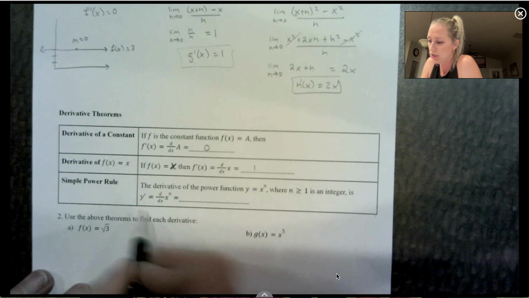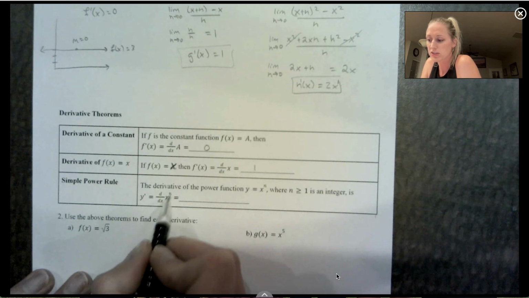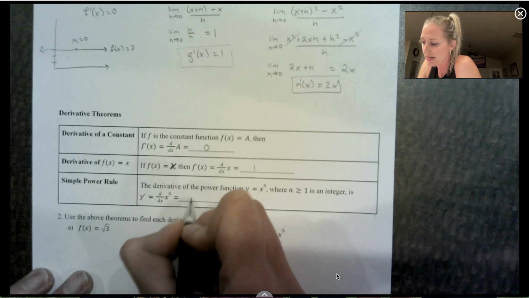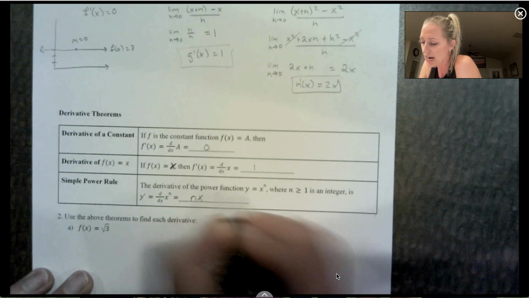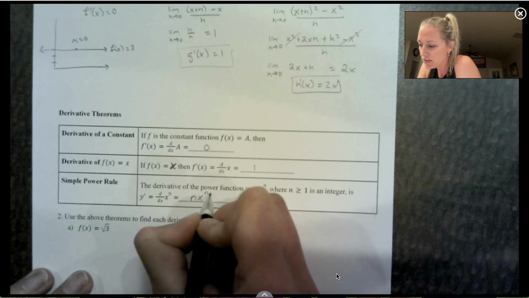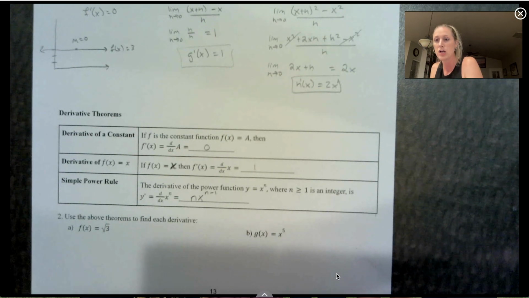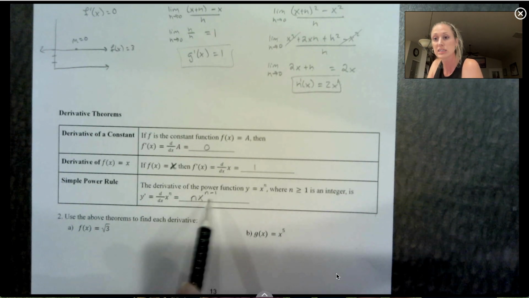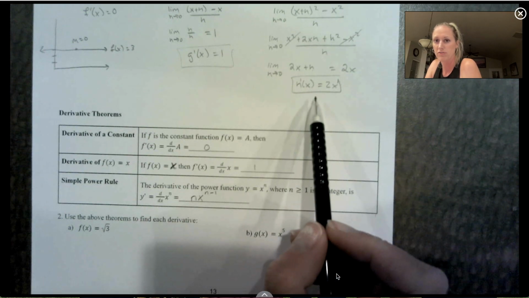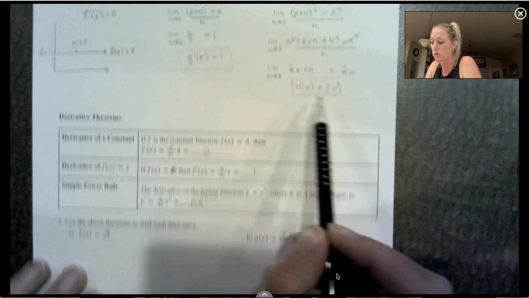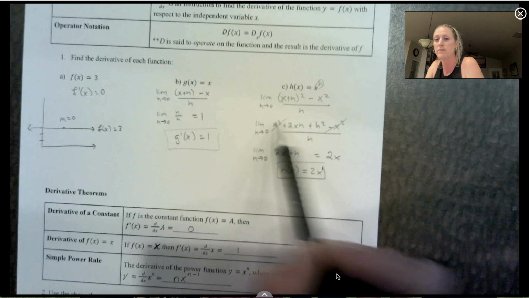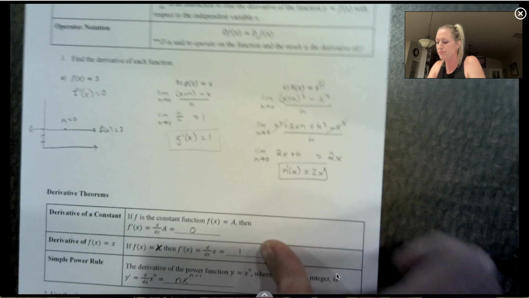So we're going to call this the simple power rule. So the derivative of x raised to the n power, we can always bring that n down as a coefficient, times x, and then my power decreases by 1. So whatever it is to start, we just subtract 1. So again, I can use this to make it a little bit quicker to find the derivative of anything raised to a power and not have to do the difference quotient every single time.